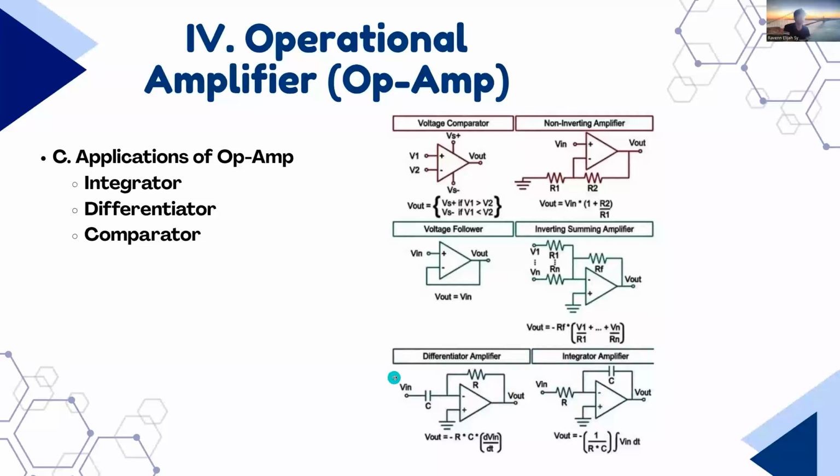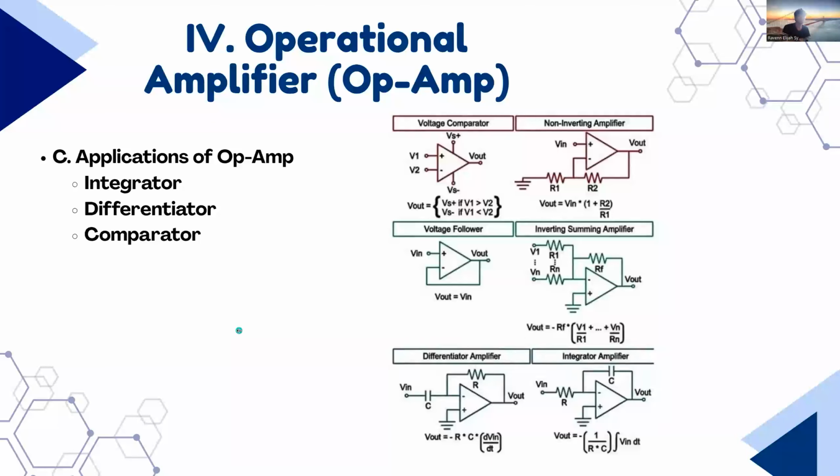Differentiator. By placing a capacitor at the input and the resistor in the feedback loop, the output voltage becomes proportional to the rate of change of the input voltage. A ramp will yield a constant DC level at the output. Lastly, the comparator.